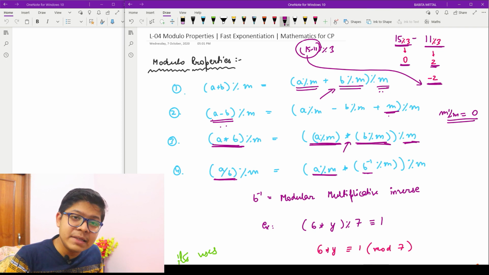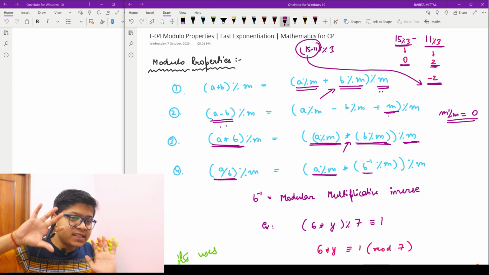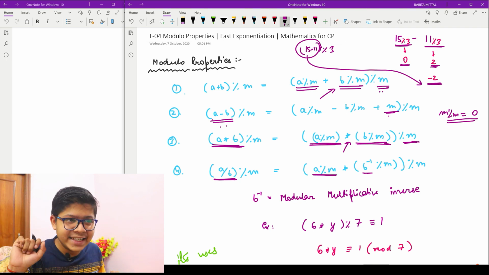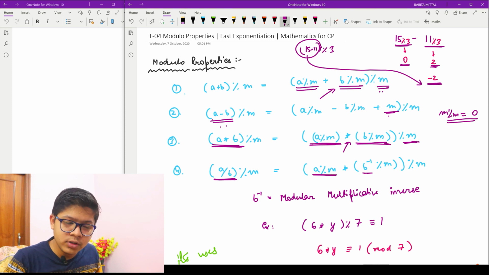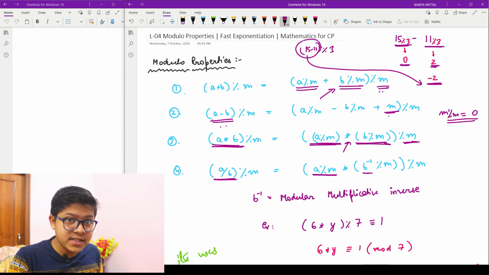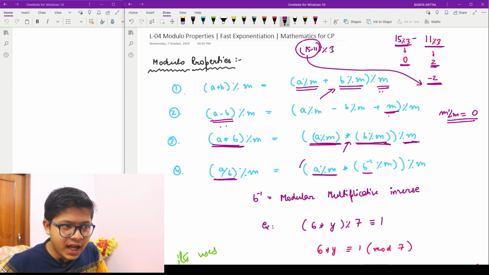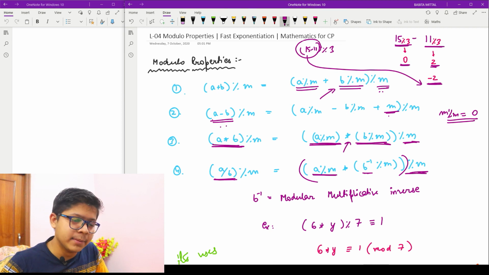We will study the modular multiplicative inverse deeply in the number theory video, because there we will study the multiplicative inverse in detail. But for this video, you need to learn that b inverse is not the simple inverse, it is the modular multiplicative inverse. Then at last I just do mod m.